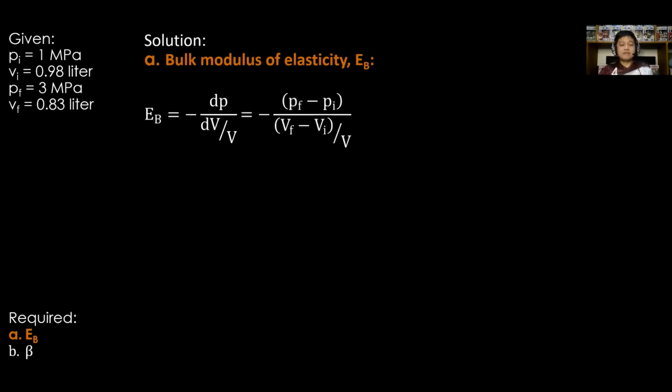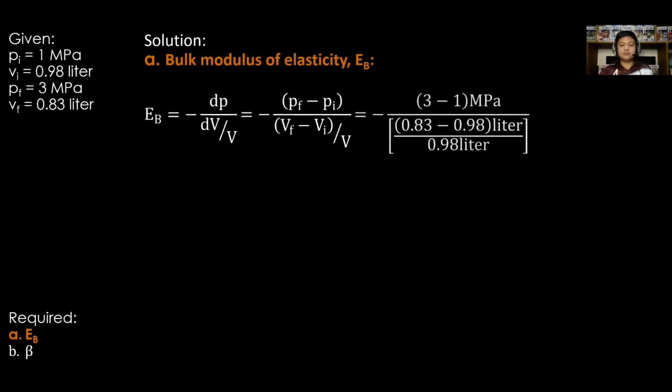So for this E sub B, it is now equal to the negative of dP, the final pressure minus the initial pressure, over dV, the final volume minus the initial volume, per initial volume.